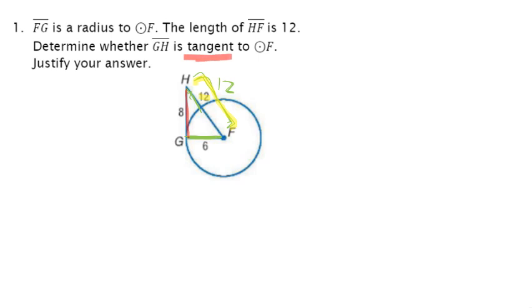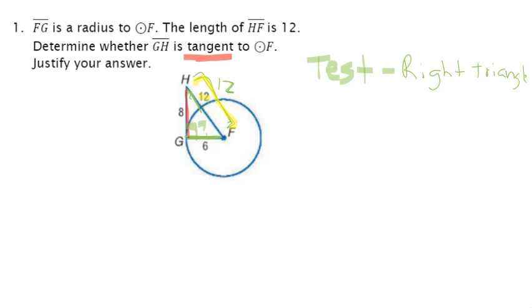The way we do that is, if this is a tangent segment, which we don't know yet, that would imply a right angle, which would mean this has to be a right triangle. So we're going to test whether this is a right triangle. If it forms a right triangle, then the answer is yes, it is a tangent segment.